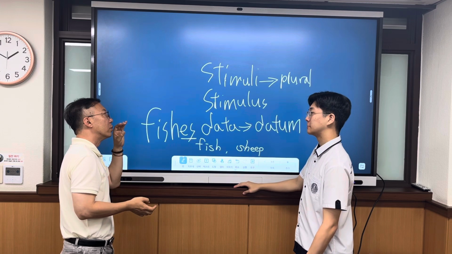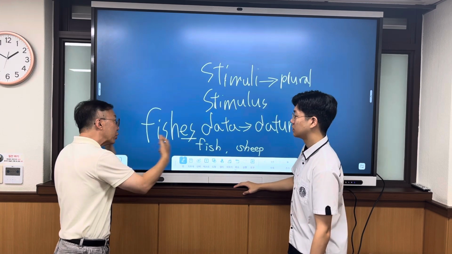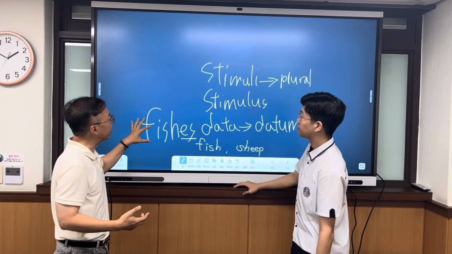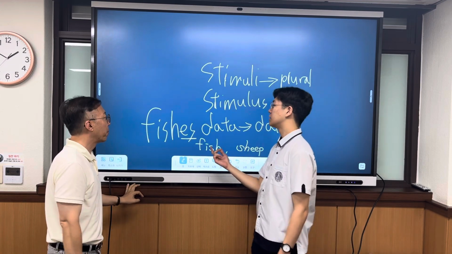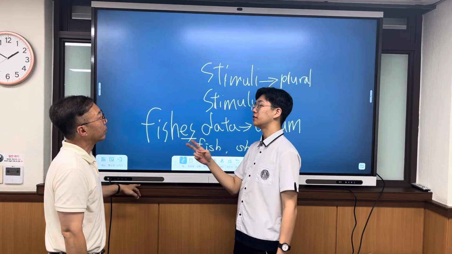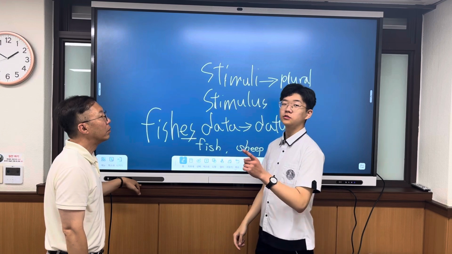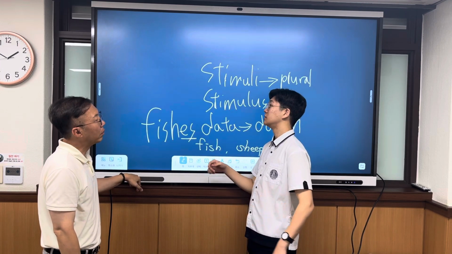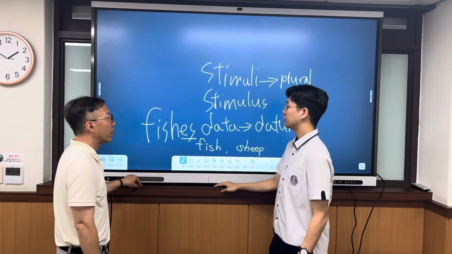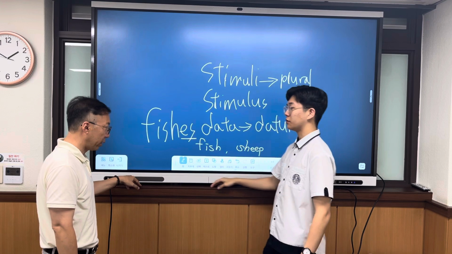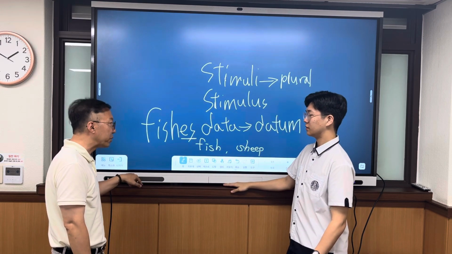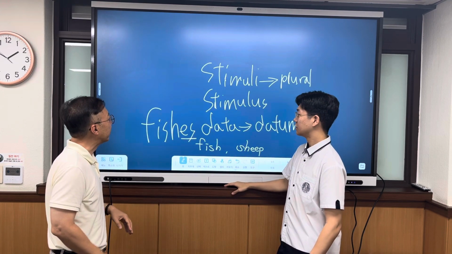So when you want to refer to many different species of fish, you can use fishes. Let's say for example, two tuna, that's going to be fish, but one tuna and one, let's say, squidward, that's going to be fishes. That's what you're talking about, right? Different types of species of fish. We can use it as fishes.